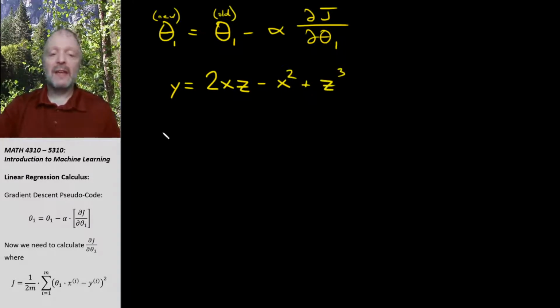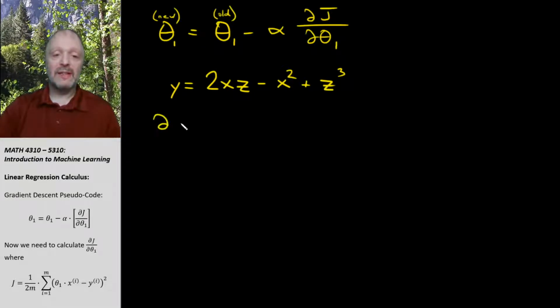Okay? Now, if I wanted to take the derivative of y with respect to x, I've got a problem because z is also a variable and it can be changing at the same time that I'm taking the rate of change for x, and so we get a big mess. So to avoid all that, we institute the partial derivative.